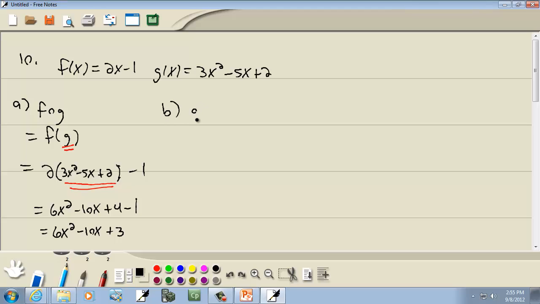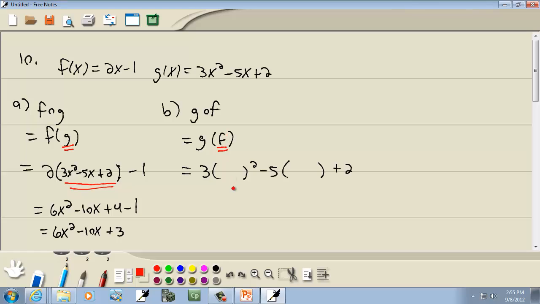Now B. We want to find a composition of G and F, which is G of F. So again, we're going to take our G of X, and everywhere we have an X, we'll put in parentheses. Everything else remains exactly the same: the 3 out in front, the squared, the minus 5, the plus 2. I just replace the x's with parentheses.